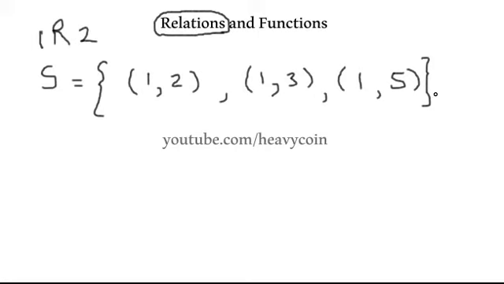Some relations have properties, like 2 is related to 1 and 1 is related to 2. That's the reflexive property. We're not going to get into all those properties, as that's more of a different course. But there is a special kind of relation that we're going to be mostly focusing on in this course.